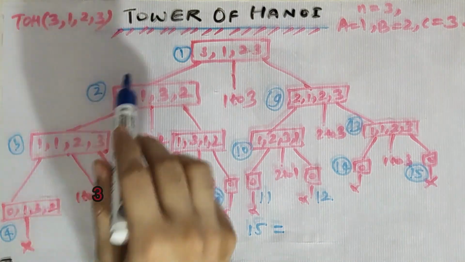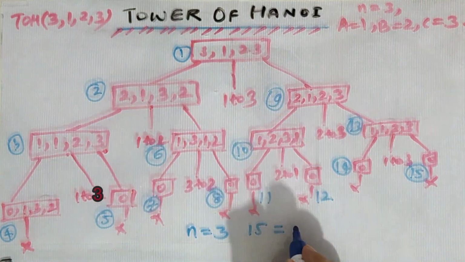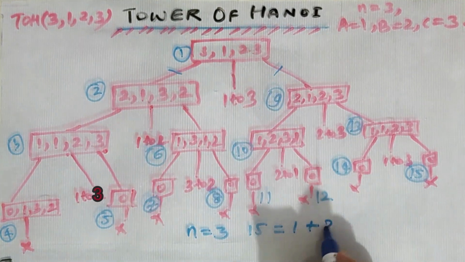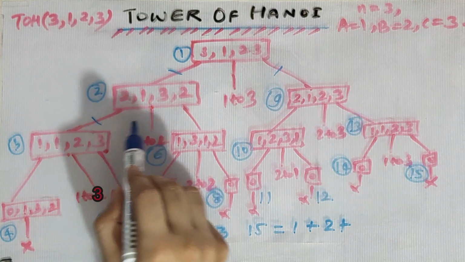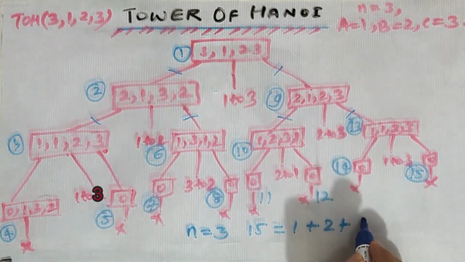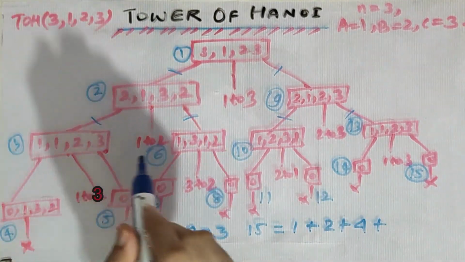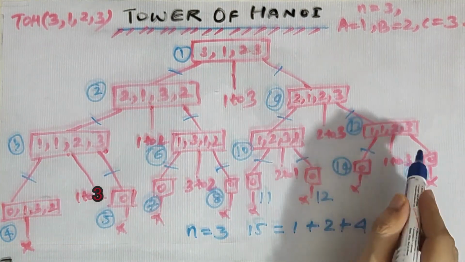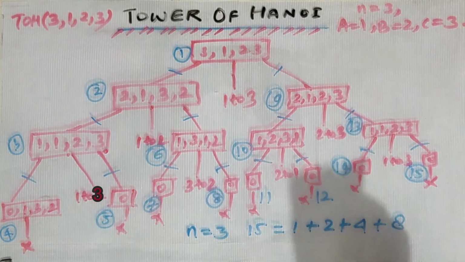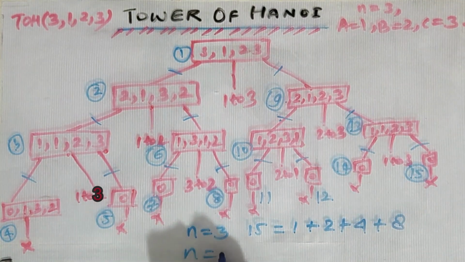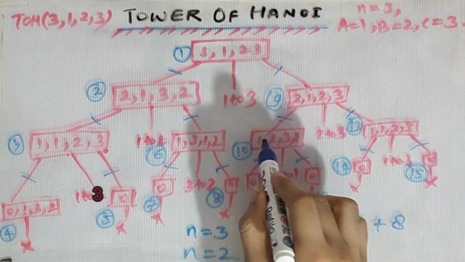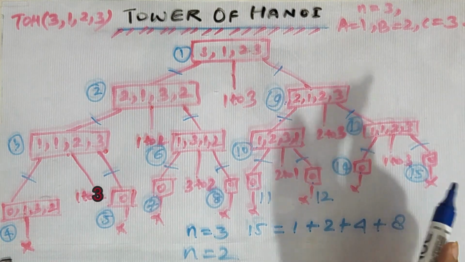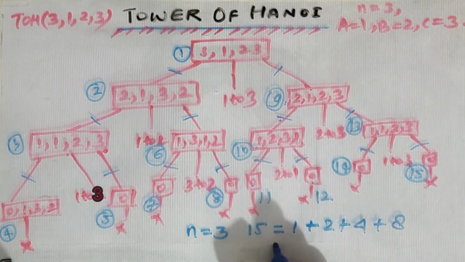which we can analyze as one call at the first level. Then for level 2 there are 2 calls, then at level 3 there are 4 calls, and at level 4 there are 8 calls. For n equal to 2, we have 7 calls.